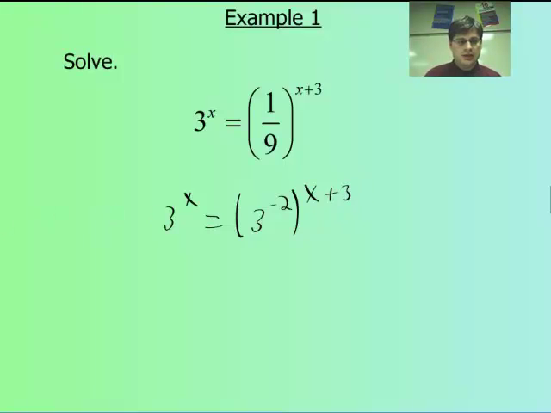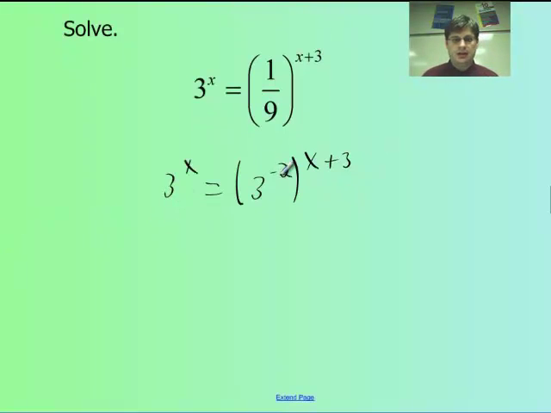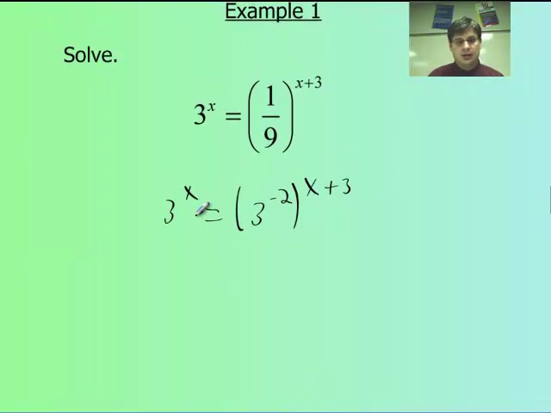But before I drop the bases, I really need to simplify this. So what I could do is use my power of a power and multiply it through. So I'd have 3 to the x equals 3 to the negative 2x plus negative 6, or minus 6.